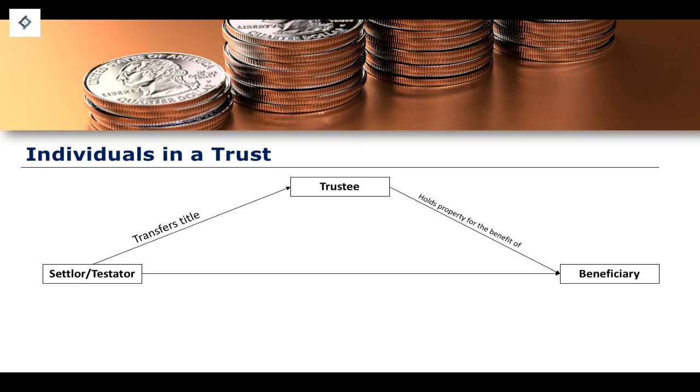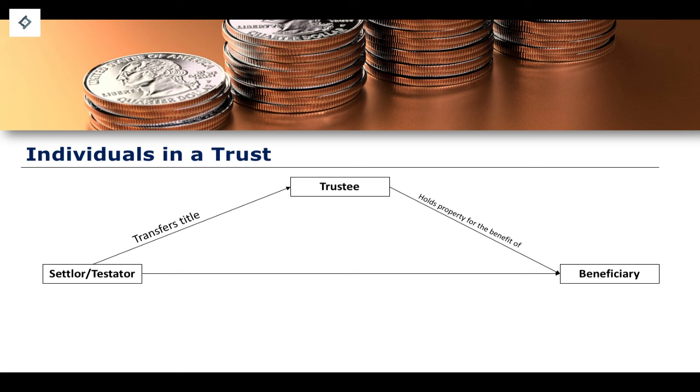Now, in terms of legal and equitable ownership, the settlor or the testator has the original legal title. They transfer that legal title to the trustee, but the trustee has to hold that property on trust for the beneficiary, and therefore the beneficiary has equitable rights to that property. So they have rights in equity.